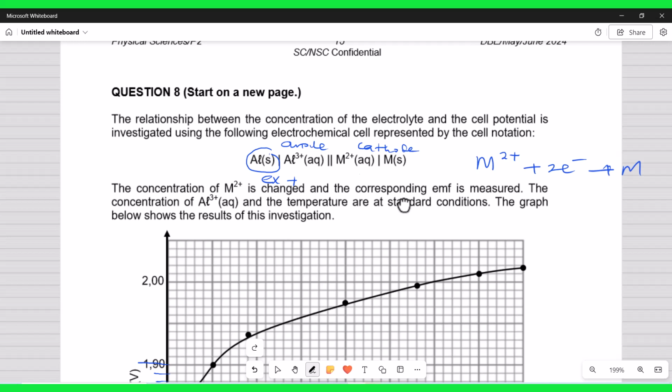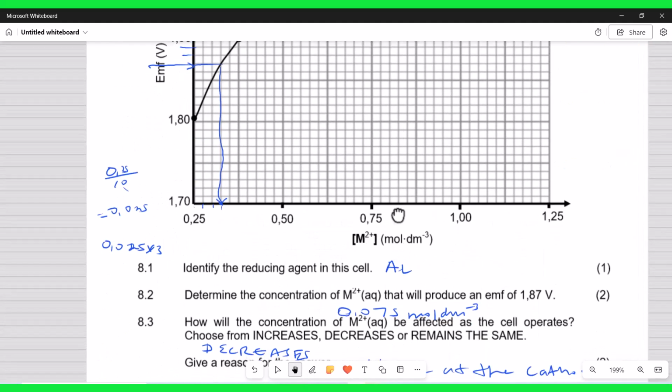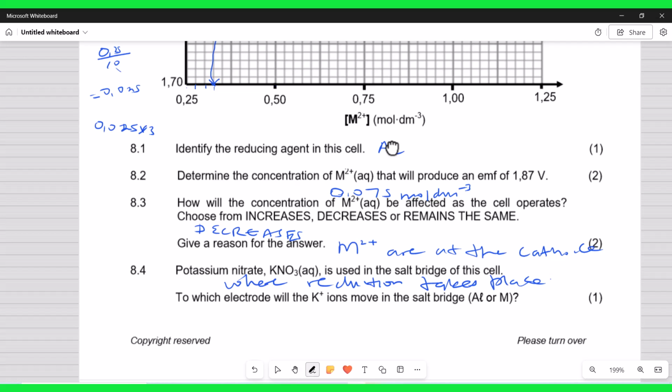Because of that excess of the negative ions, it means the potassium ions must come towards M. Because in that M cell we have an excess of the negative ions, the potassium ions must come and neutralize them, okay? So we say it is towards M.